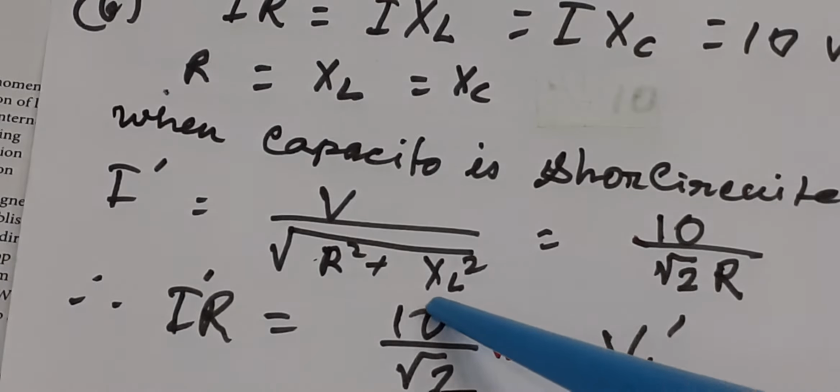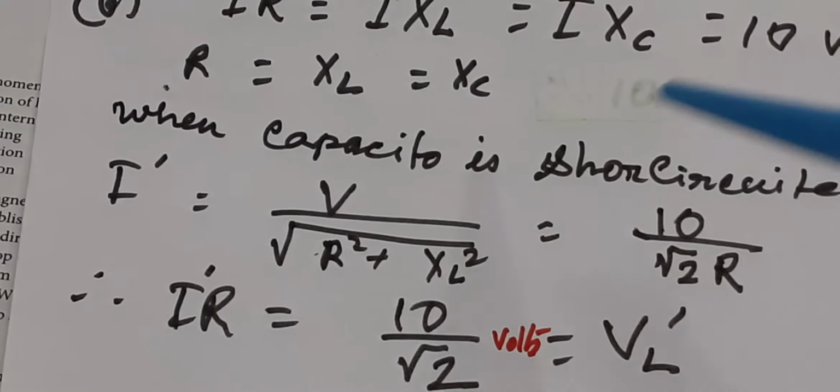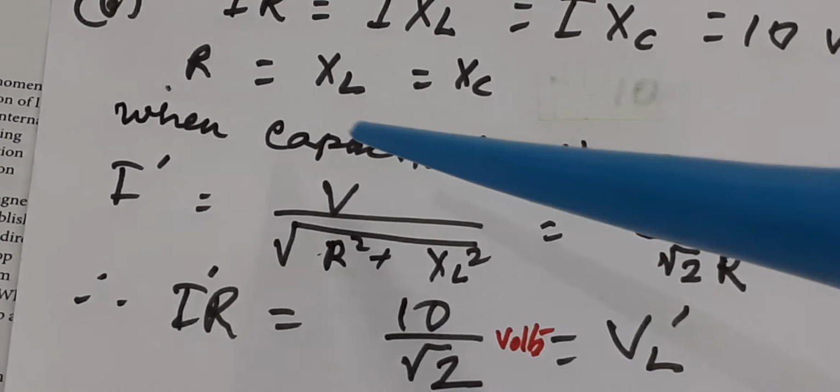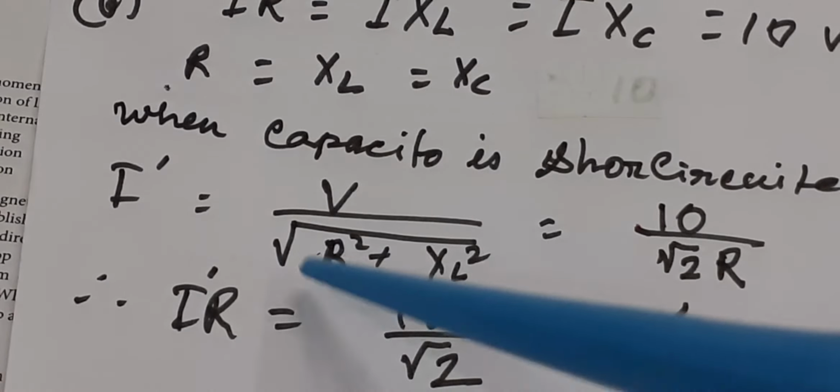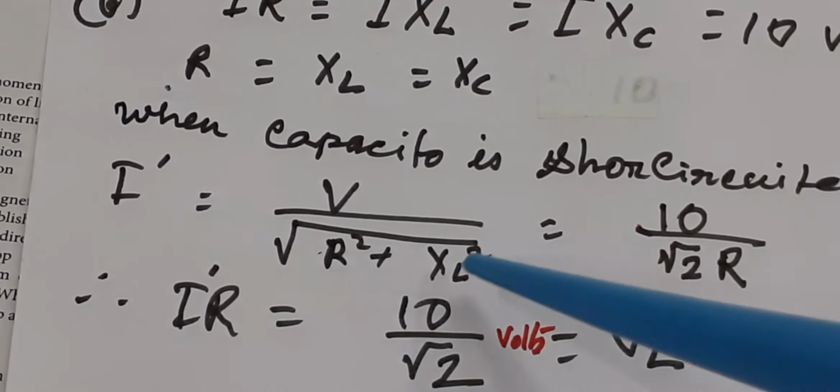Now when the capacitor is short circuited, the impedance will be root under R square plus XL square.